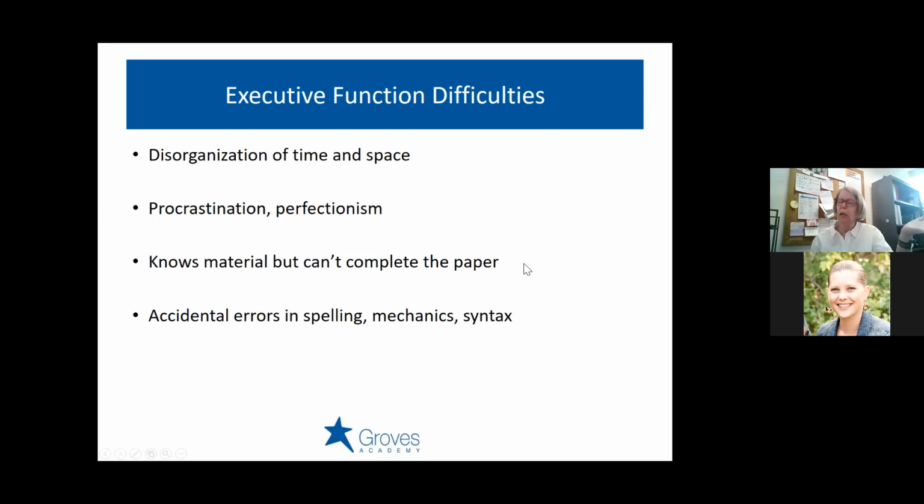And that doesn't come from having a language-based learning difference like dyslexia or dysgraphia. That's an executive function issue. And then, of course, there are accidental errors in spelling, mechanics, and syntax that won't have a pattern. There'll be an error where a word is spelled one way, but other times it's spelled correctly. It's very garbled.